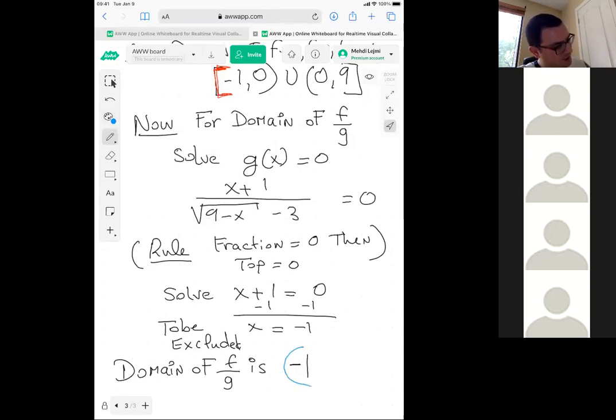So there's parentheses, and then we have the same thing, of course: 0, union 0, and 9 included. So the only difference between the domain of f plus g, f minus g, f times g and the domain of f over g is the -1. -1 is included in the first case, and -1 is excluded from the second case.